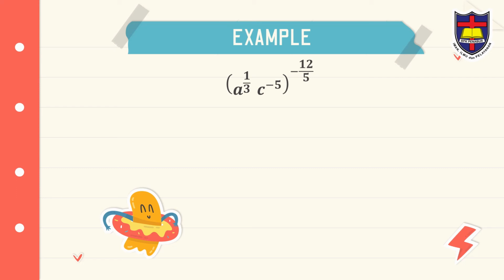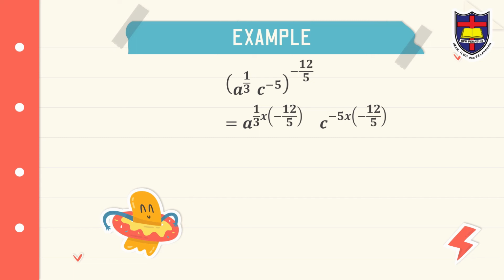Now if I have a to the power of 1/3 times c to the power of -5 and then to the power of -12/5. So we must separate it. And all of the numbers in parentheses, we must make it to the power of -12/5.